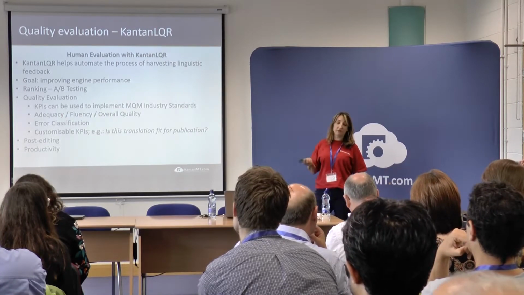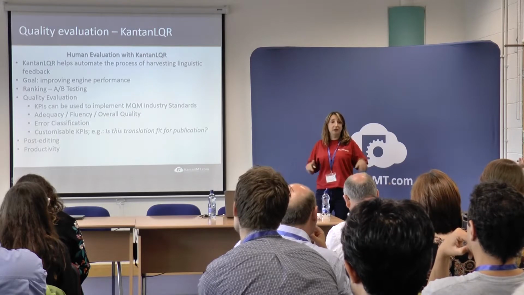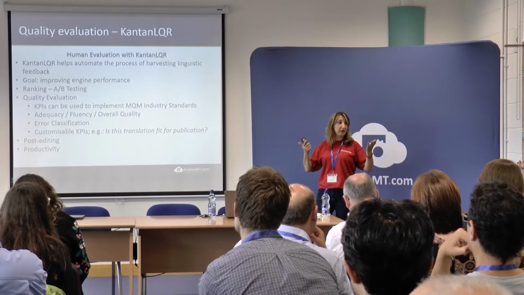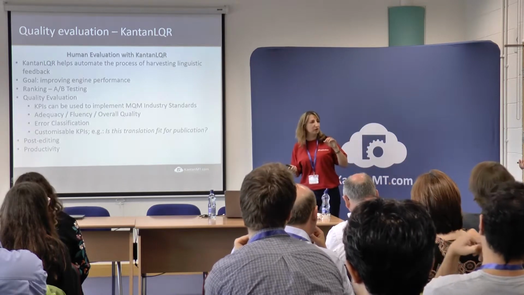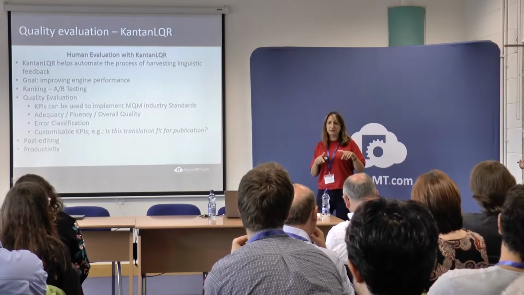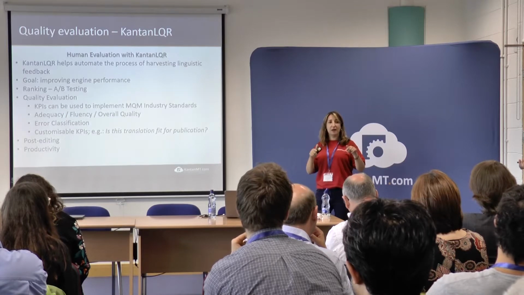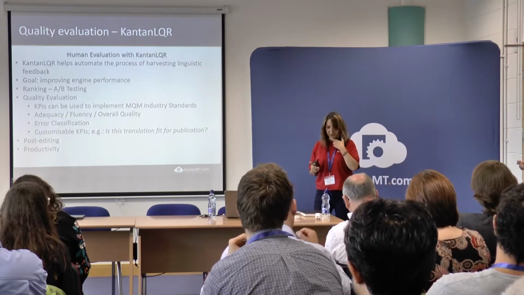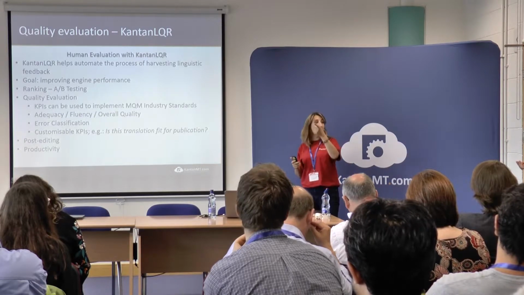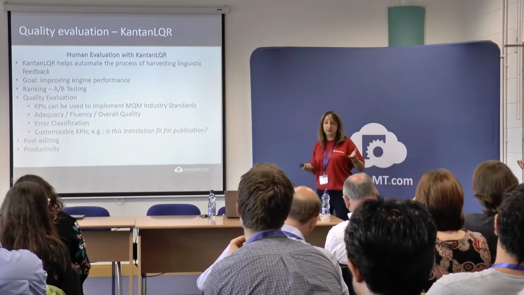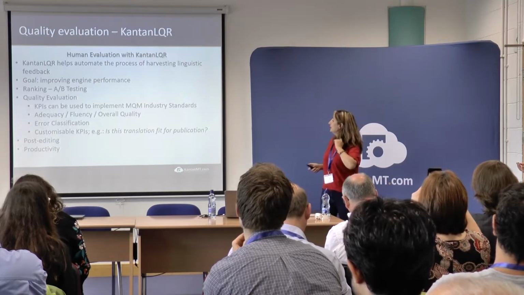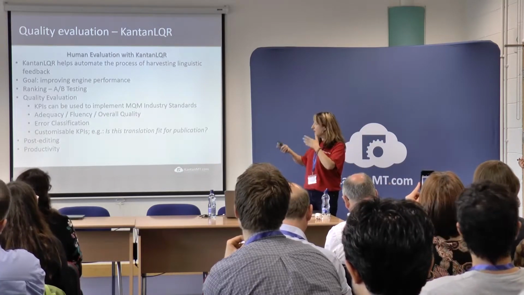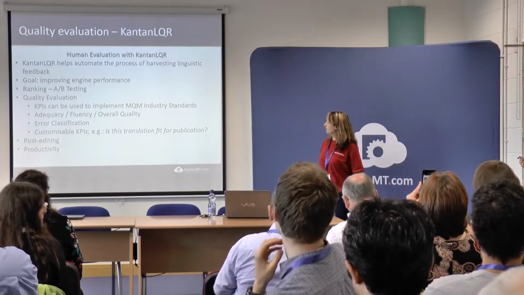But it's easy when you have a platform that is automated and you get the results as they are happening. Sometimes we were so eager that we would be looking at the reviewer ranking, going, which one was NMT? Was it A or was it B? To see, oh look, this one is already saying that NMT is better. So the goal, of course, is to evaluate or rank or improve engine performance.